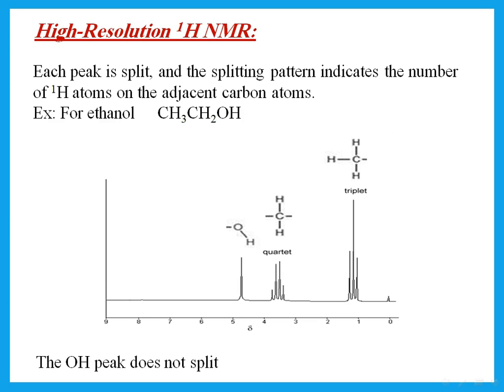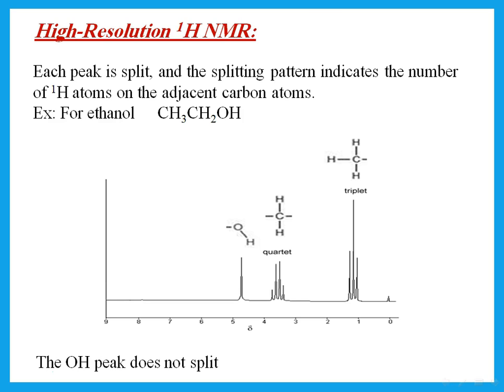Then we have high resolution proton NMR. The difference here is that each peak is split, and the splitting depends on how many hydrogens are in the next environment. So if we're talking about ethanol, the peak for the CH3, I have 3 hydrogens on the CH3.